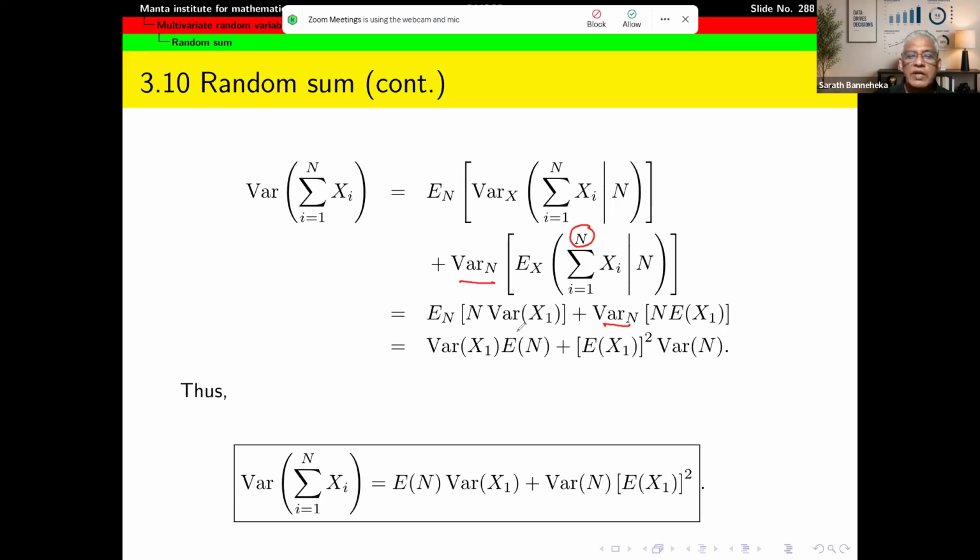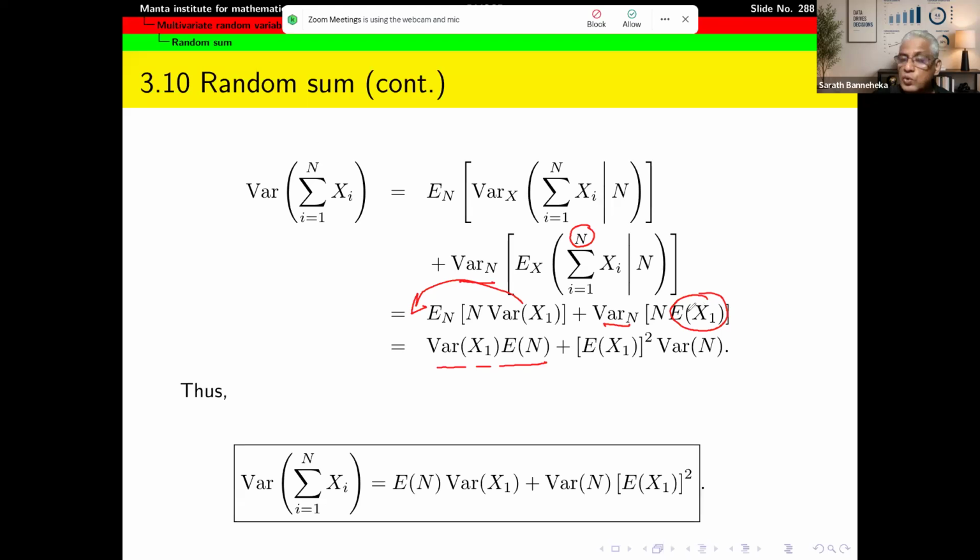Now notice here, variance of x1 is a constant. So you can take it out of the expected value, and then you will have variance of x1 times the expected value of n, that is this quantity. And similarly here, expected value of x1 is a constant, but you are considering a variance of some random variable times a constant.